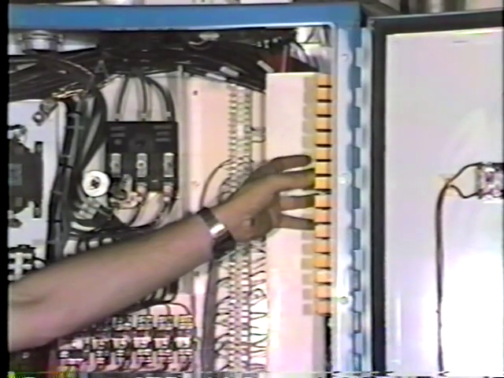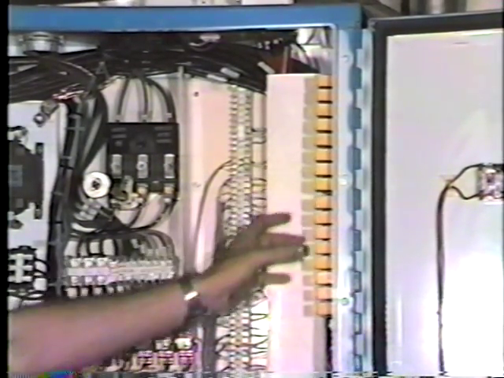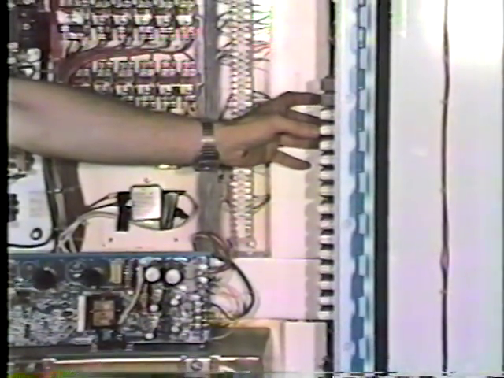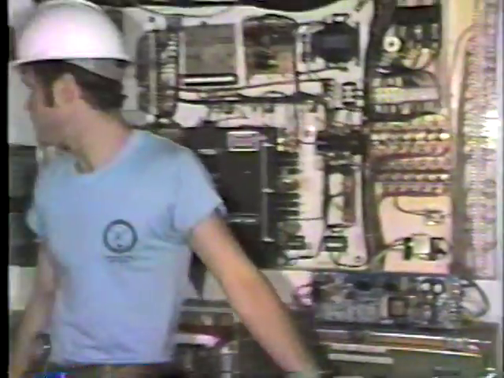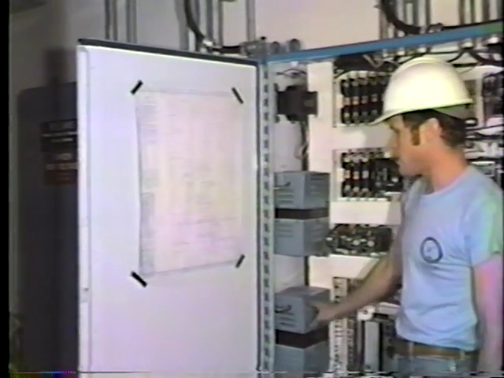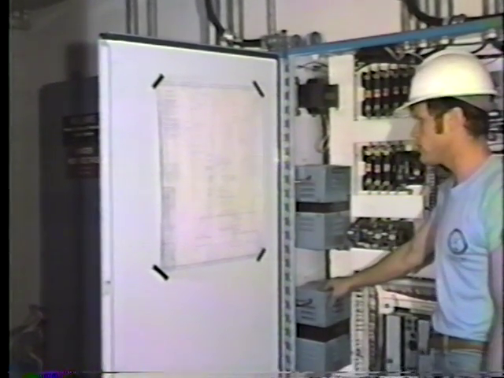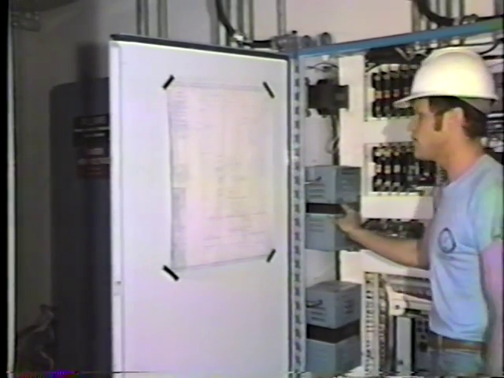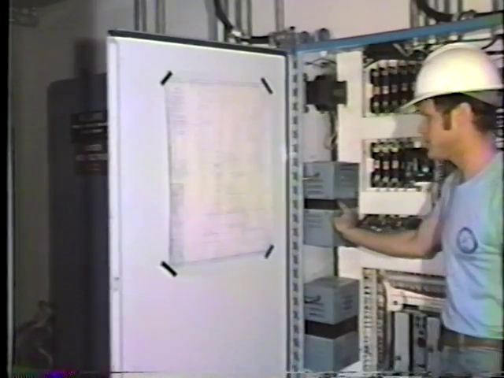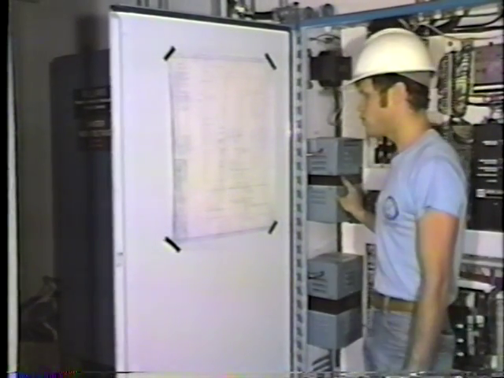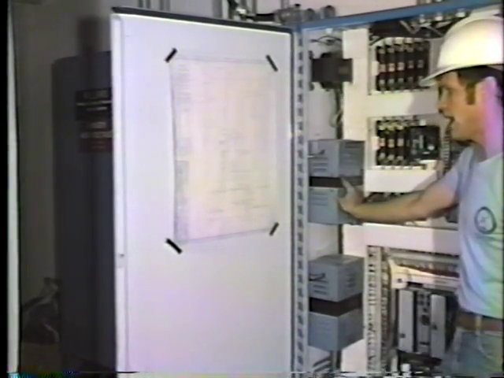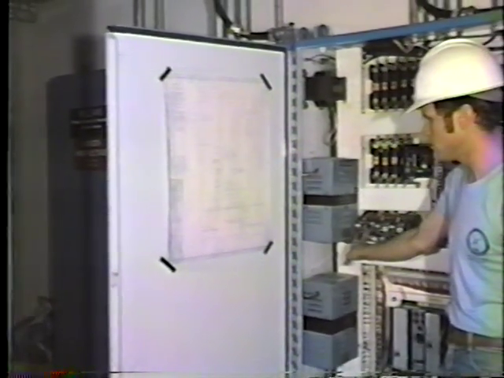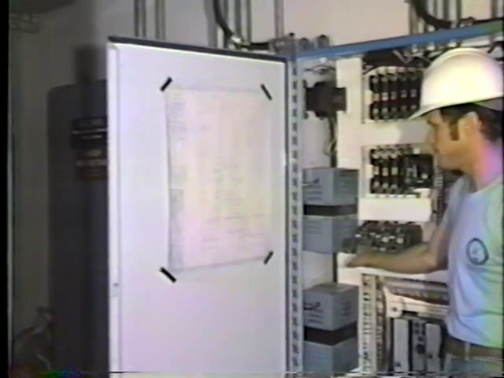Inputs being the top 2 racks, outputs being the lower 2 racks. We also take power out of T4 to feed T2. T2 is our computer transformer. All the control power to the computer and to the E-stops and the NCR goes through these 2 relays here.